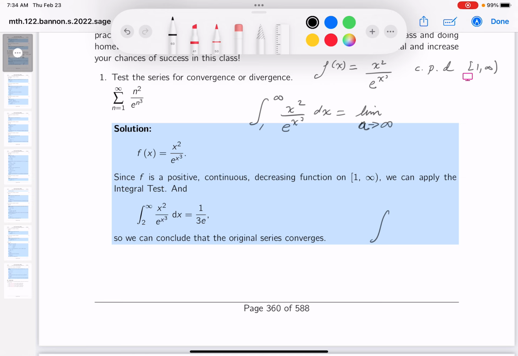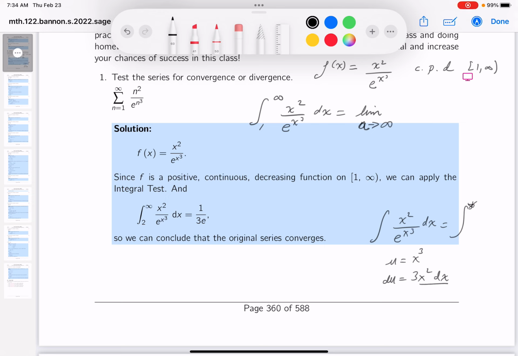And then I got to get that antiderivative. Let's see if I can do that. So I'm going to say the integral of x squared e to the minus x cubed dx. I'm going to say u is equal to x cubed, and du is going to be 3x squared dx. I think I can do it now. Put a little star here to remind me.